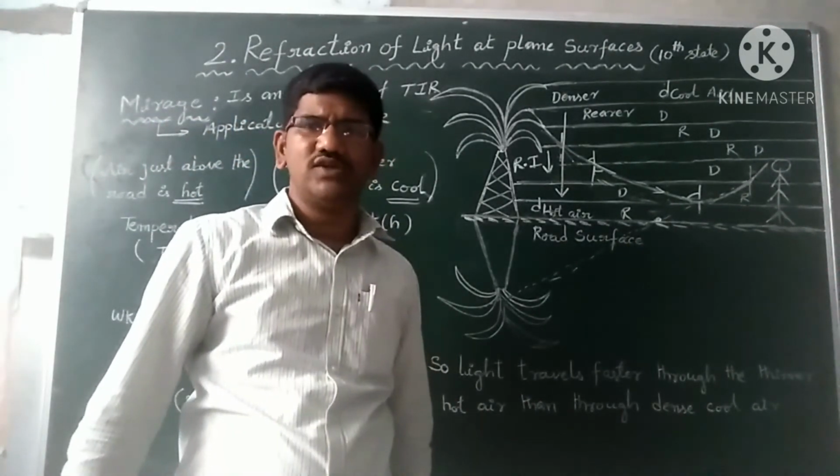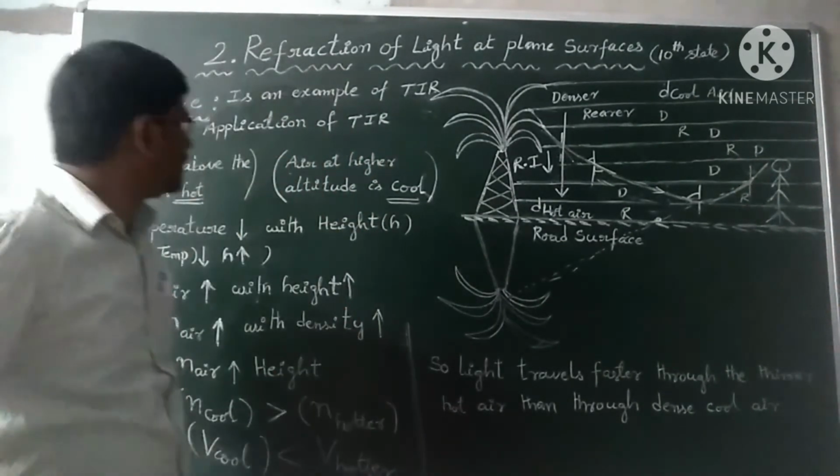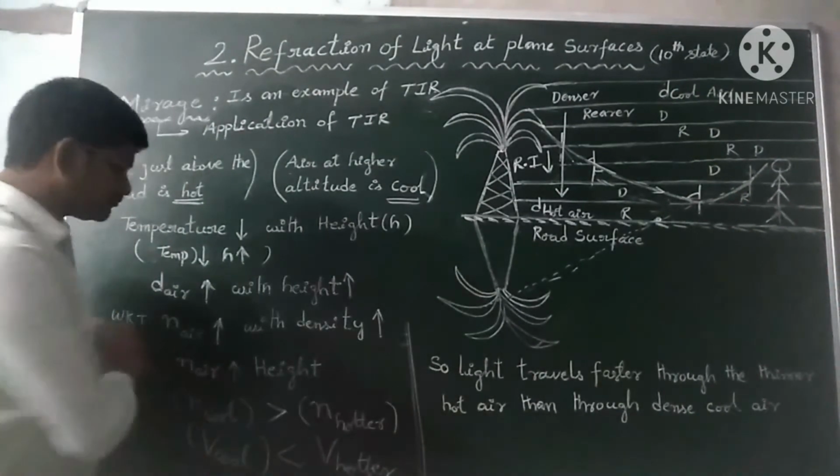An inverted image of the tree observed in the deserts. It is also an application of total internal reflection.